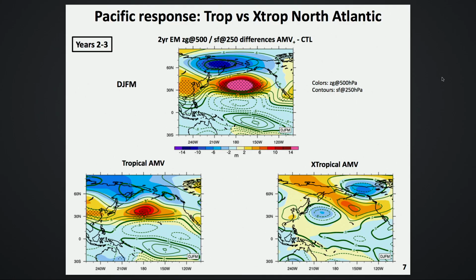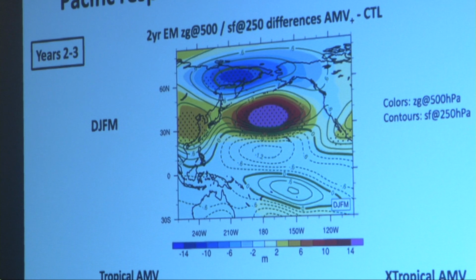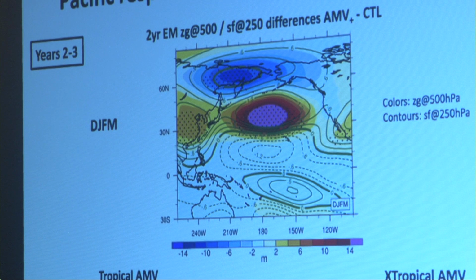If we look at the atmospheric circulation, with in color the geopotential at 500 hectopascal, and in contour the stream function at 250 hectopascal, we can see that there is a reduction of the Aleutian low over the Pacific there, and it seems to be coherent with a tropical-extratropical Rossby wave anomaly. As we can see, we can follow kind of a wave train between tropics and extratropics there.